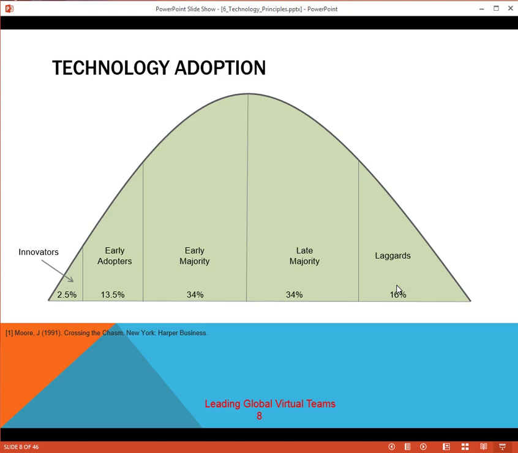But the iPhone presents a different curve. It compresses the two right phases, the late majority and the laggards. They tend to be much smaller percentages, and the ease of use really of the iPhone resulted in less risk.